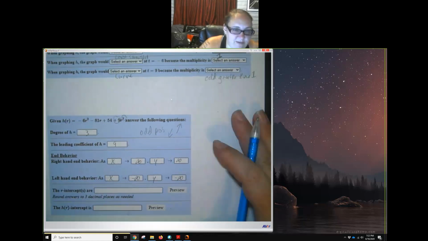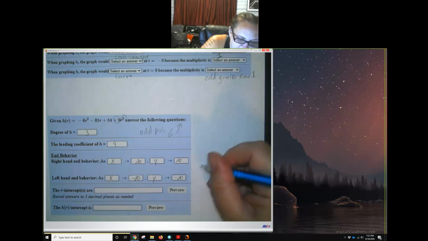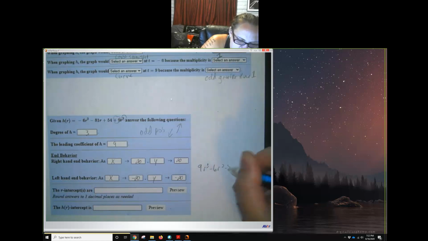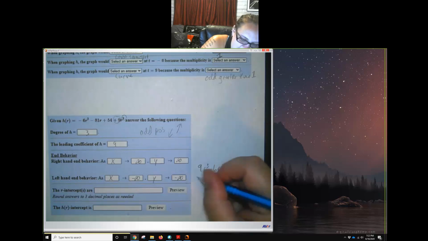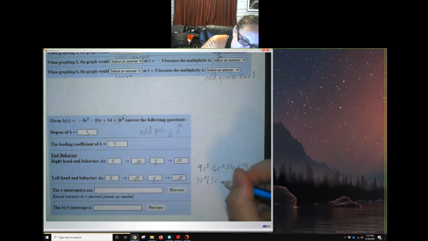Now, I didn't play around with this one, but I think it factors. 9r cubed minus 6r squared minus 81r plus 54. 9r cubed and 6r squared have a 3r squared in common. That would leave me 3r minus 2. 81 and 54 have 27 in common.